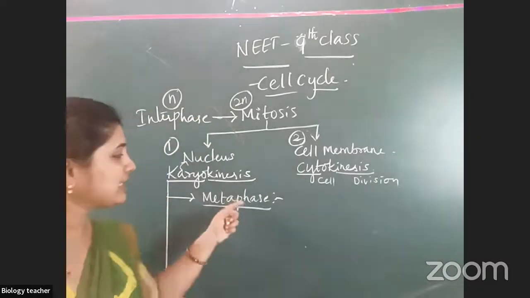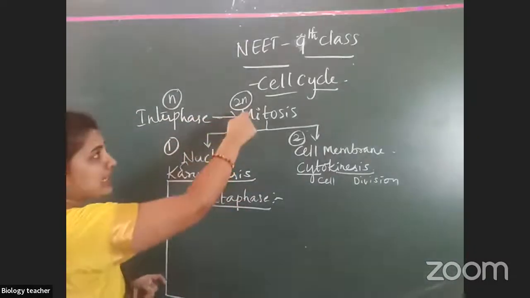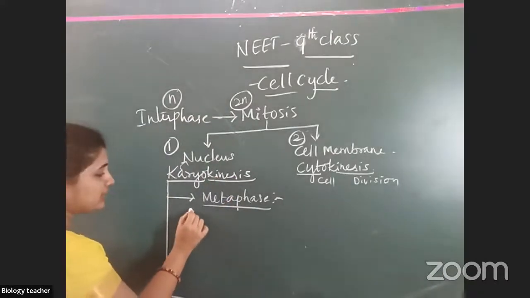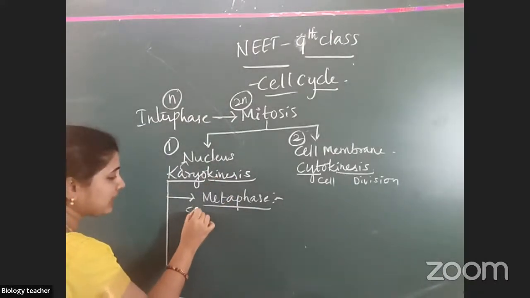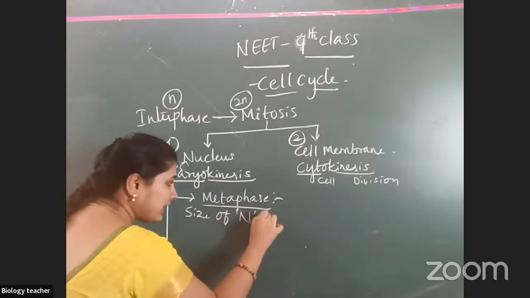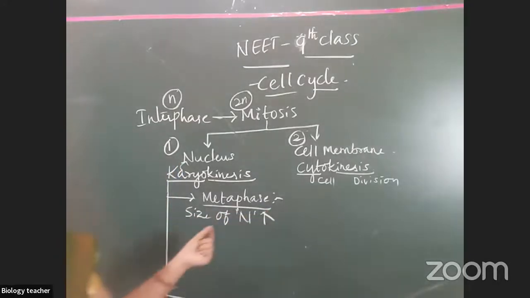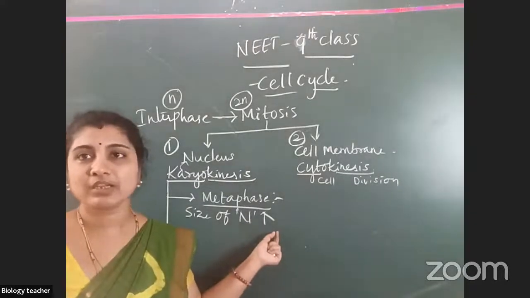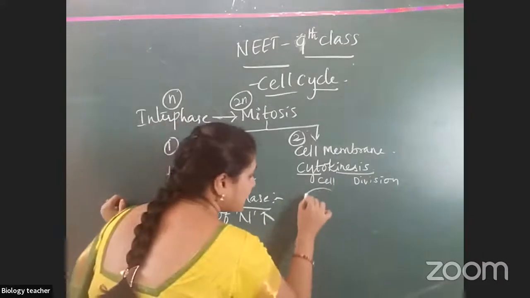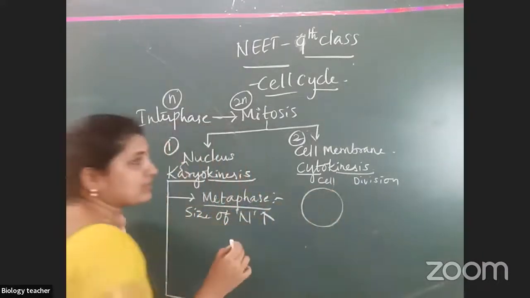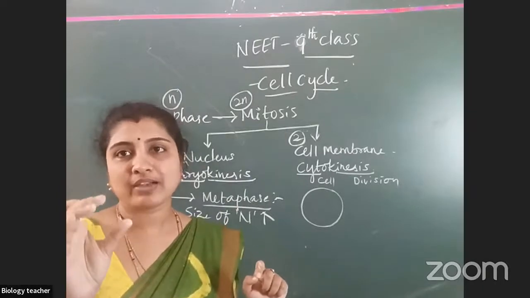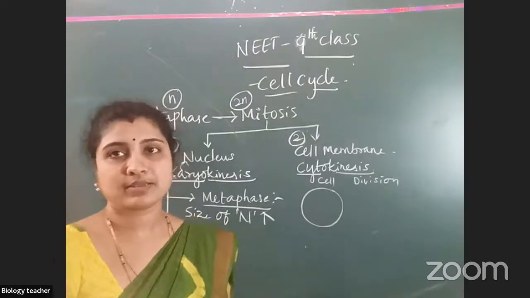So what is happening in prophase? The first stage of mitosis is prophase. The size of the nucleus increases. You have studied that the nucleus is the opaque body present almost in the center of the cell.